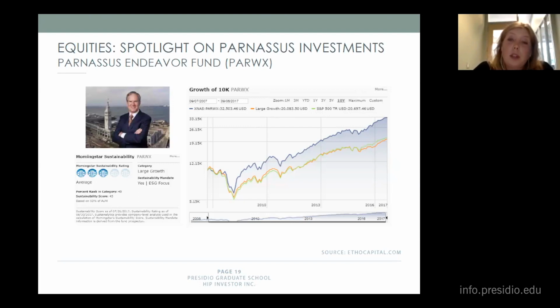The fund has produced 13% annualized returns over the past decade versus 8% for the S&P 500 index. And the Parnassus Endeavor Fund tops not just the socially responsible funds and sustainable funds, but all US diversified equity funds with at least $1 billion.